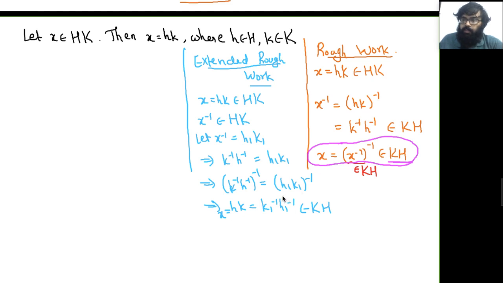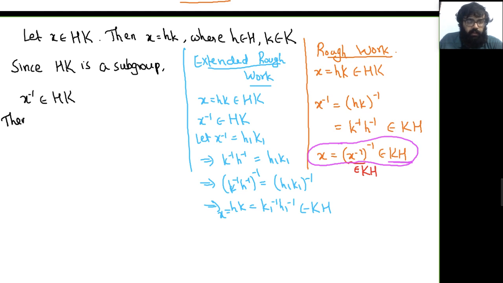I hope this is clear and it is not too confusing. Let me write it now. So how do we write? x equals hk for some h in H and k in K. Since HK is a subgroup, we take x inverse in HK first, and then proceed. So since HK is a subgroup, x inverse belongs to HK.